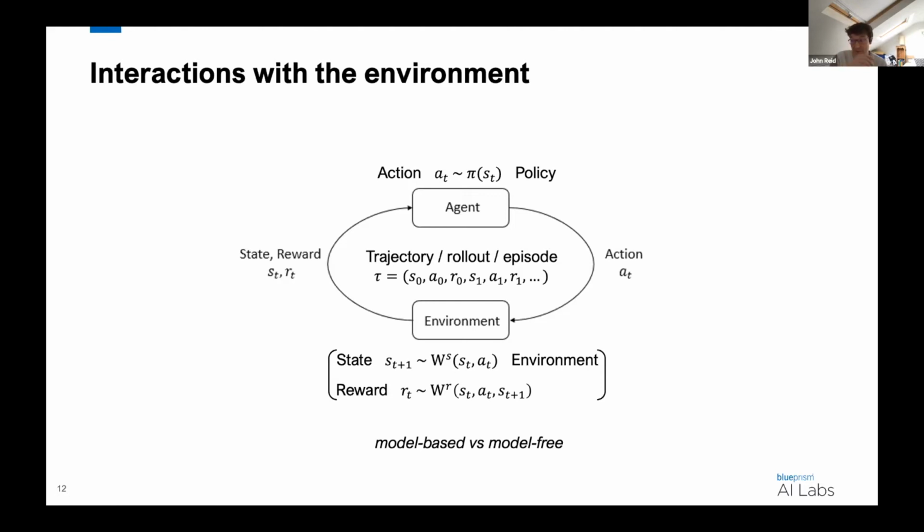And that's, again, the difference between model-based and model-free RL. And then, of course, the state and the reward get passed back to the agent, and this iterates. That's what's known as a trajectory, or a rollout, or an episode. This is a sequence of state, action, reward tuples, and it's from these episodes and rollouts that the agent will be learning.